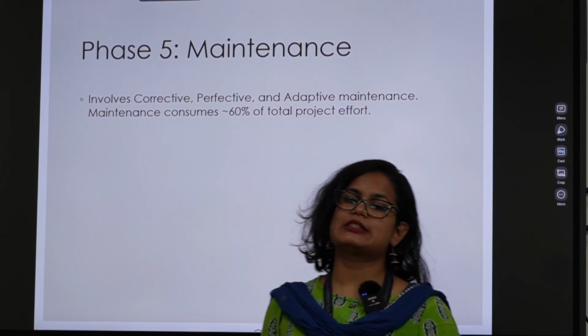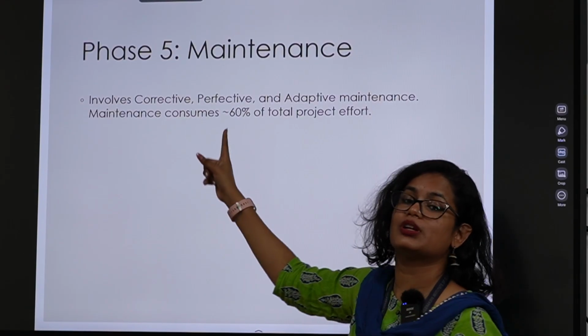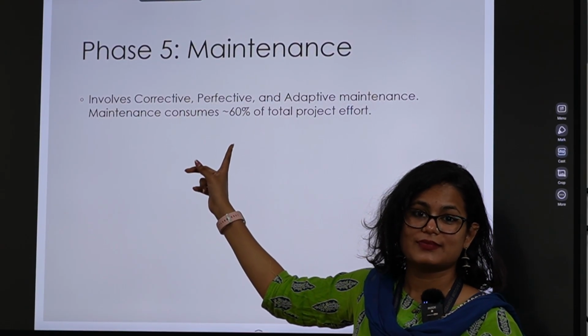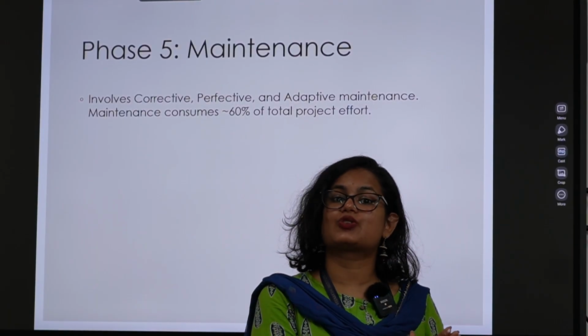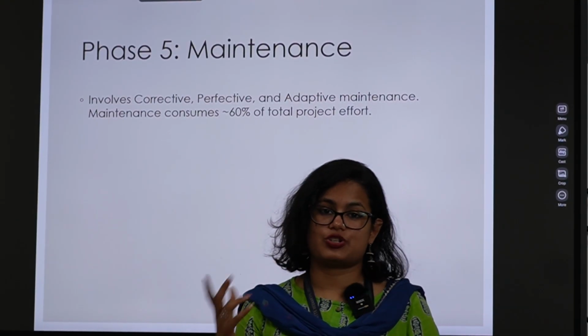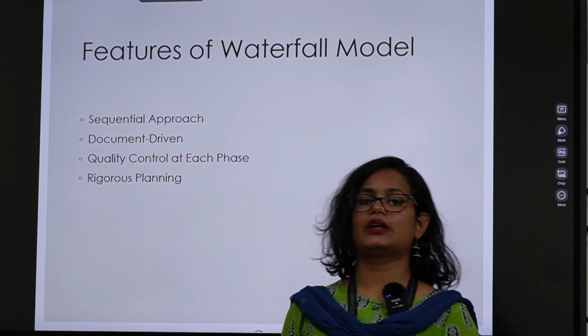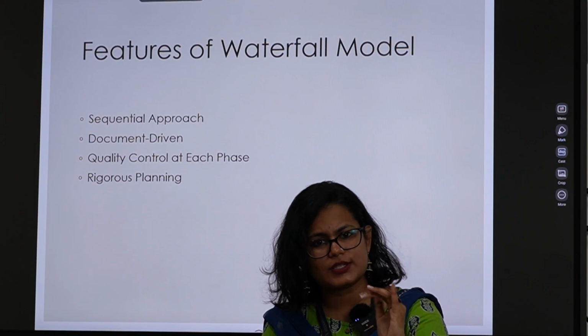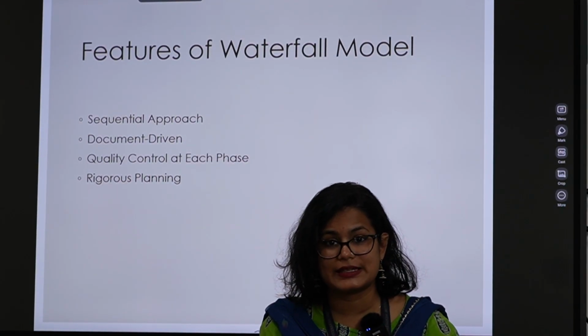And of course, maintenance will consume almost 60% of your total project effort. So maintenance is a lifelong thing. As long as that project is going on, you will have to keep on maintaining that particular project even after your deployment, right?